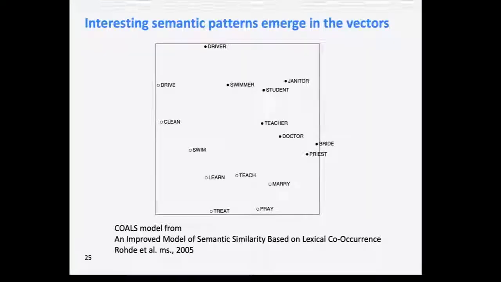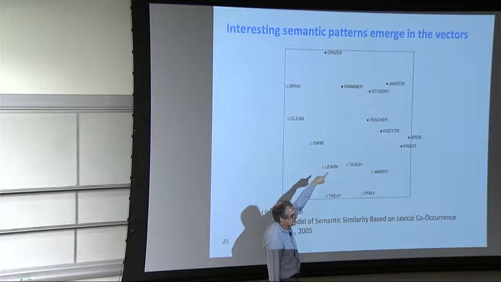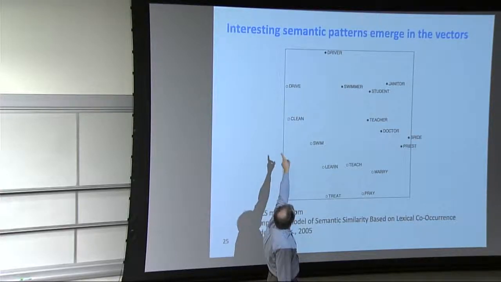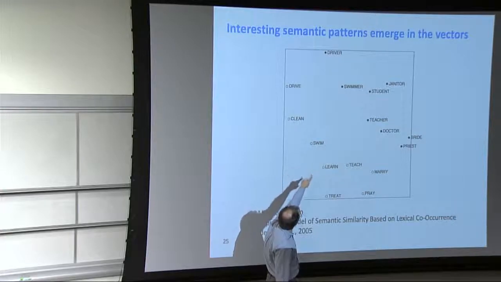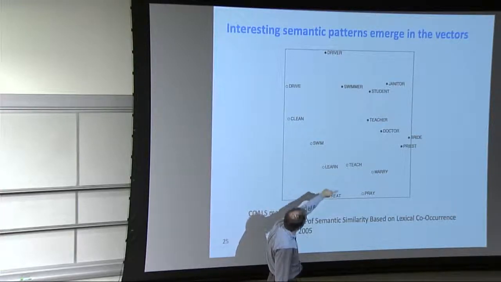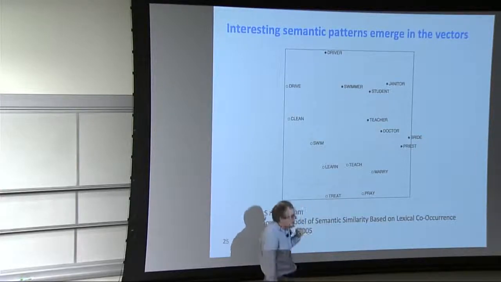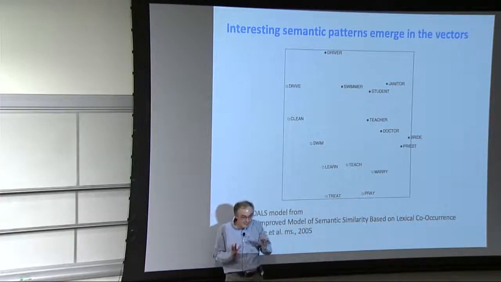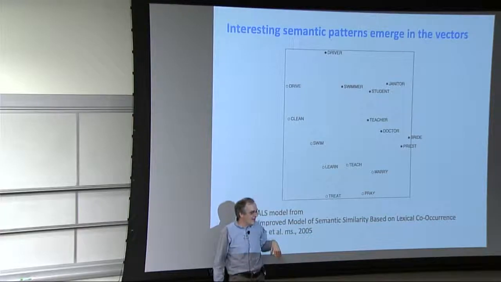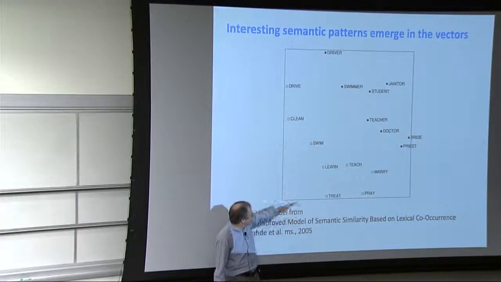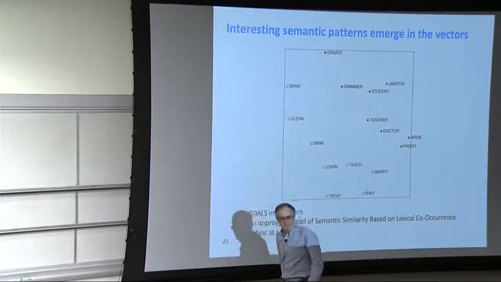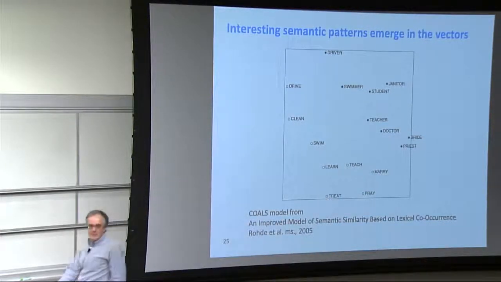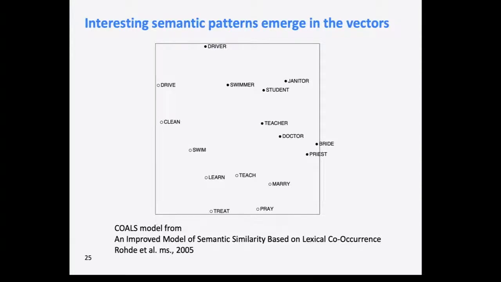So here we have the verb to the doer of the verb direction: drive, driver, clean, janitor, swim, swimmer, learn, teacher, or teach, teacher, doctor, treat, priest, pray. I mean, it's not exactly perfect. There's a little bit of wiggle there. But roughly it's completely clear that there's a direction in the space that corresponds to going from a verb to the doer of a verb.